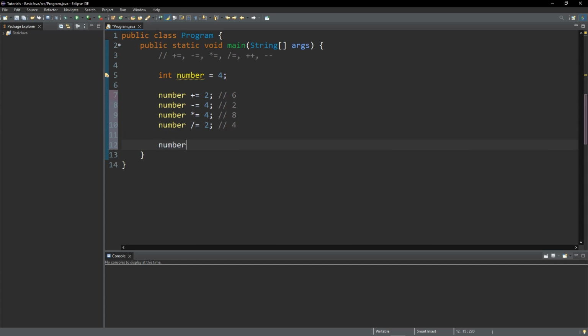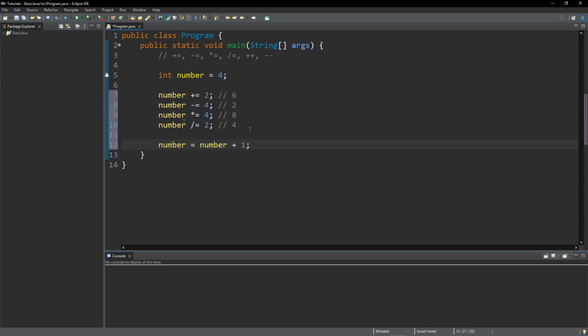You've got number plus plus. That's literally all it is. What this does is it takes number and adds 1 to itself. So this is equivalent to saying number plus equals 1, which is also equal to saying number equals number plus 1.